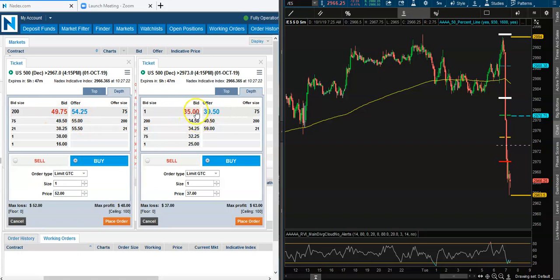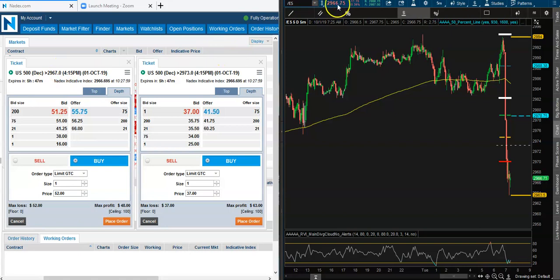Okay, now remember, we still have 6 hours. If we move time forward about 2 hours, we would be about 48 by 52, 48 on the bid by 52 on the offer. Those are my default numbers. And like I said, that's with less time than the 6 hours until this contract expires. If we're 3-4 hours or less, usually we'll be about 48 by 52 when we're at the money.